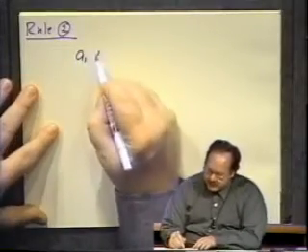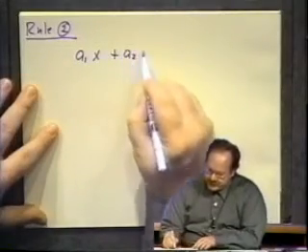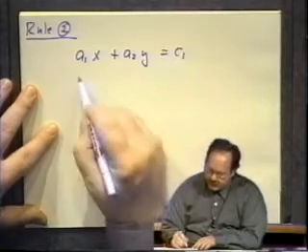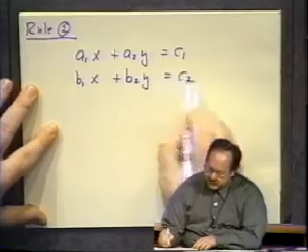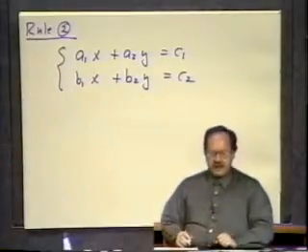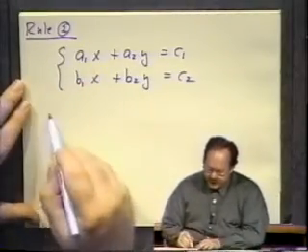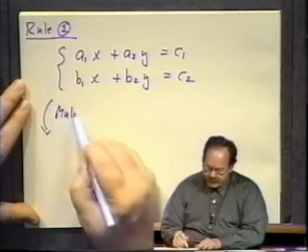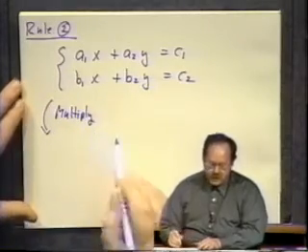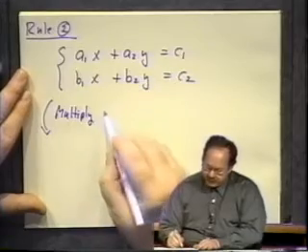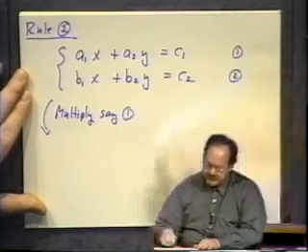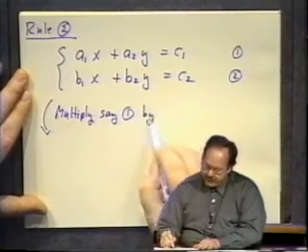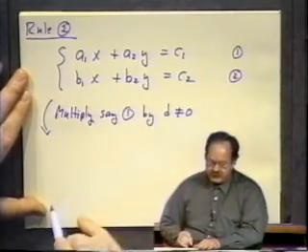Suppose you have a system, say a1x plus a2y equals c1, just like I had before, b1x plus b2y equals c2. Okay, so I have a system. This rule says I can multiply either one, but for the sake of this picture, multiply, say, 1, and so this would be the first and that would be the second equation, by some number d that's non-zero.